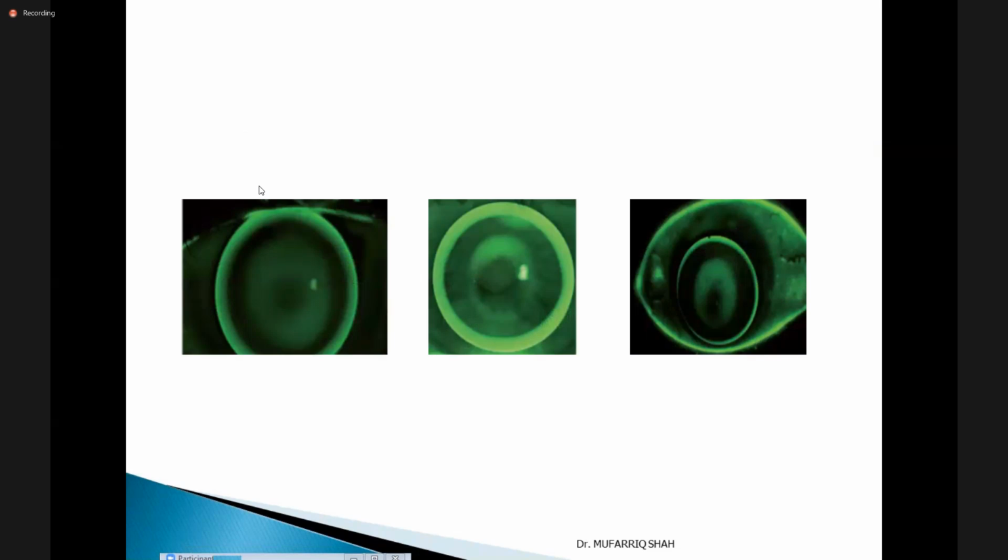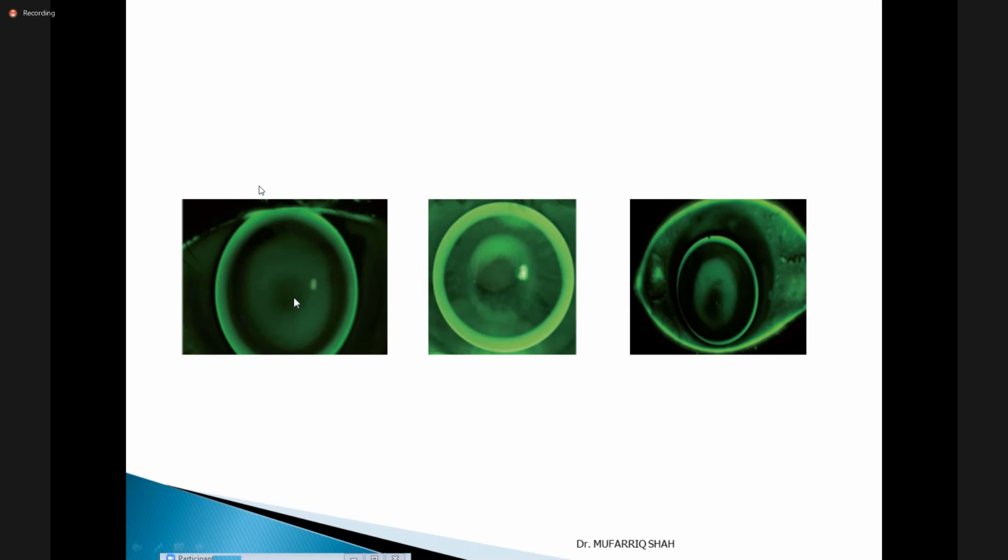Now let us go for other. Now here, look at these three. Nipple cone. Good. Already we discussed that in case of nipple cone, the feather touch will be a little bit greater.